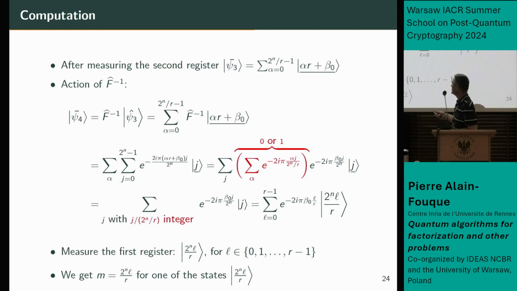I don't know exactly the value L that I have, but L may be equal to 0, 1, up to R minus 1. From the value that I recover, I can recover R from one of these states.